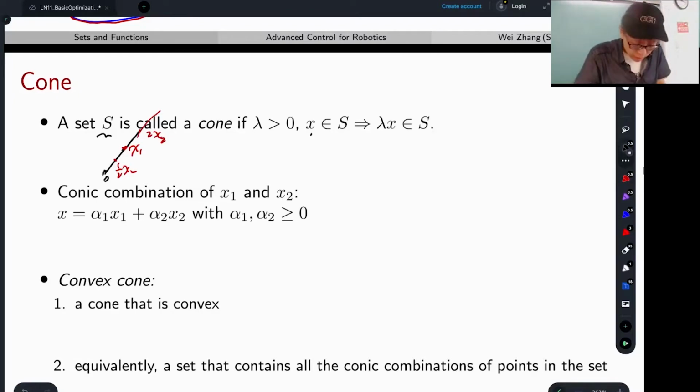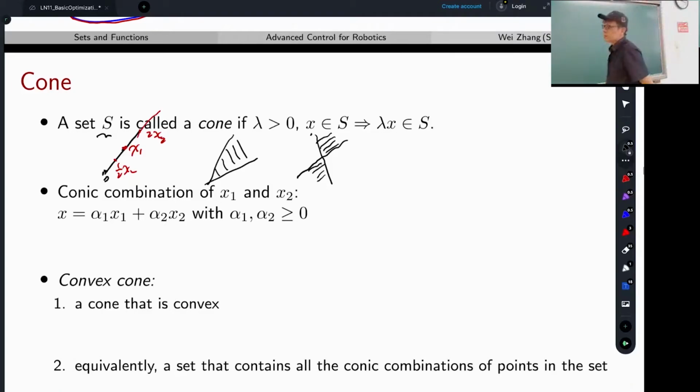And also, you can have a sector like this, right? Is this a cone? Okay, first of all, is this a convex set? No. It's not convex, okay, this is not convex.